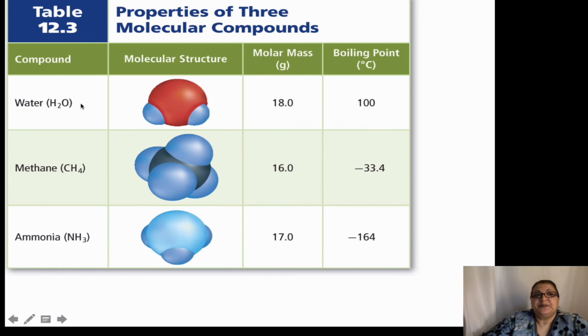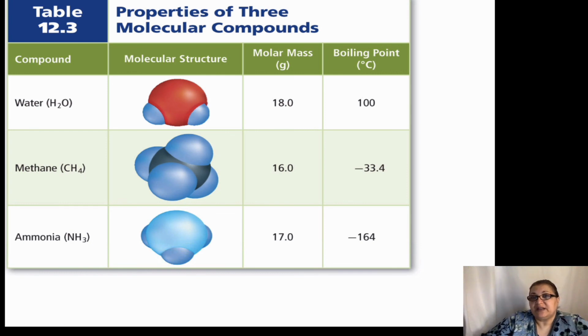Now, of course, you could see methane and ammonia. They also have hydrogen in them, but it's not the same. A hydrogen bond has to be hydrogen with oxygen, nitrogen, or fluorine. And you can see this by the boiling point, which is the energy required to break the bond.